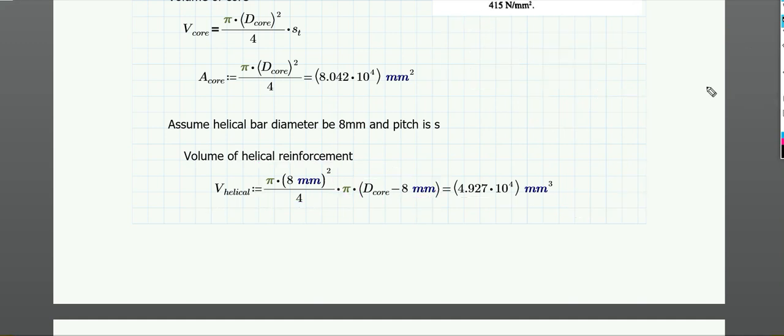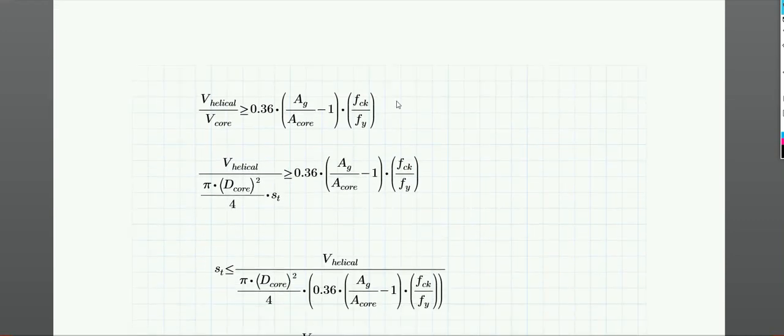Now, the code says that the ratio of the volume of the spiral or helical reinforcement to the volume of concrete core should be more than 0.36 times that equation that we have seen, right? So we have to find out the ratio now. This was the equation: 0.36 (Ag/Ac minus 1) into fck by fy.